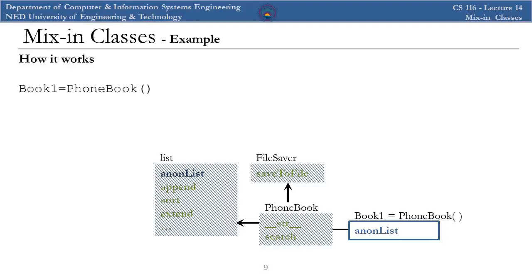There was no variable accessed using the self dot operator, so that class does not contain any instance variable. Same is the case with file saver. But anon list is an instance variable, and we access it using that self operator. In fact, since we don't know that name in our code, self is enough for accessing this. So this will be part of book 1.